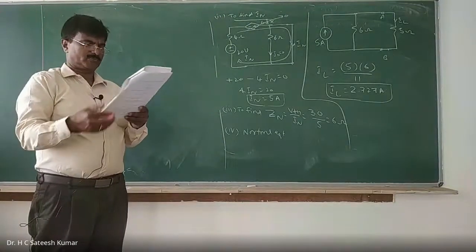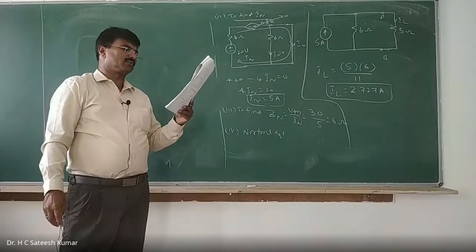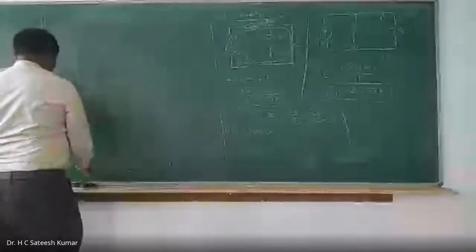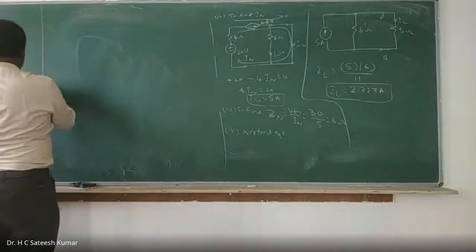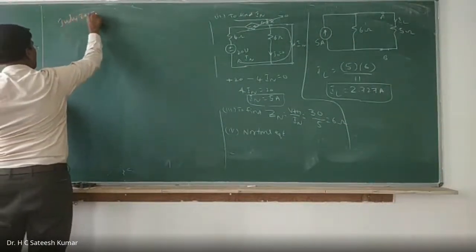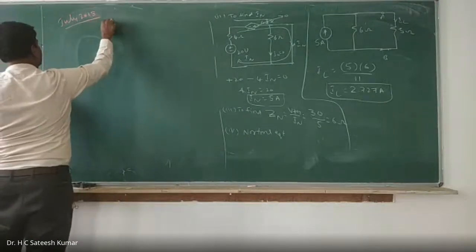To obtain Thevenin's and Norton's equivalent circuit at the terminals AB as shown in the figure. You should do both Thevenin's and Norton's. This is a question from July 2018, complex valued, 8 marks.